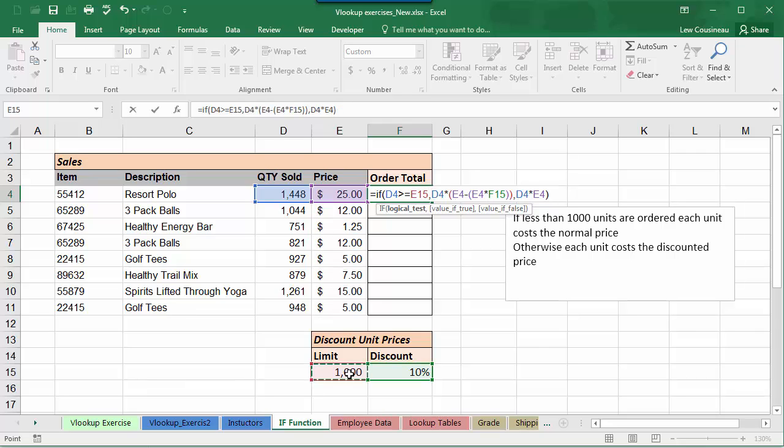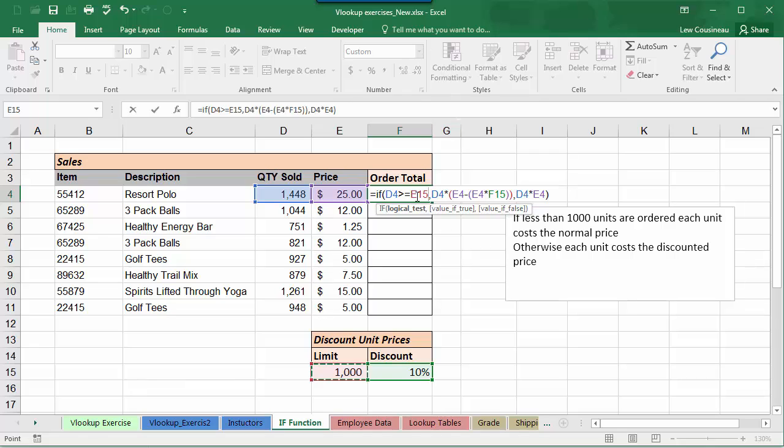And the reason is because as soon as I finish this sheet, our boss may tell us, well, no, now the limit's 1,500 or it's 800. And rather than fix all of these formulas, I just have to change the value in one cell. Same thing about the discount. Maybe it goes to 12% or 8% or some other number. Well, I only want to have to fix one cell. Also, I'm going to be copying this formula down, so I need to absolute the cell references for E15 and F15.